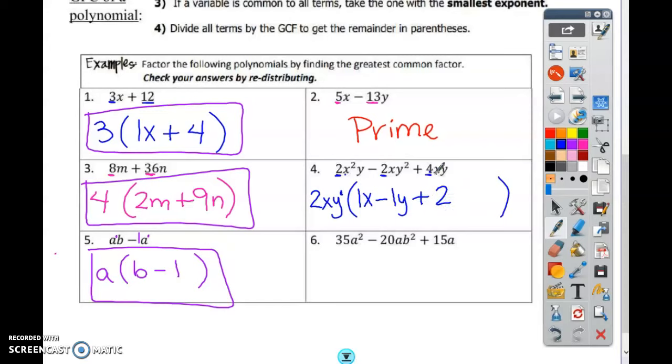If I take out an x, I don't have any more. And if I take out a y, I don't have any more. So this is my final answer. Okay? I factored out 2xy, and I was left with 1x minus 1y plus 2.